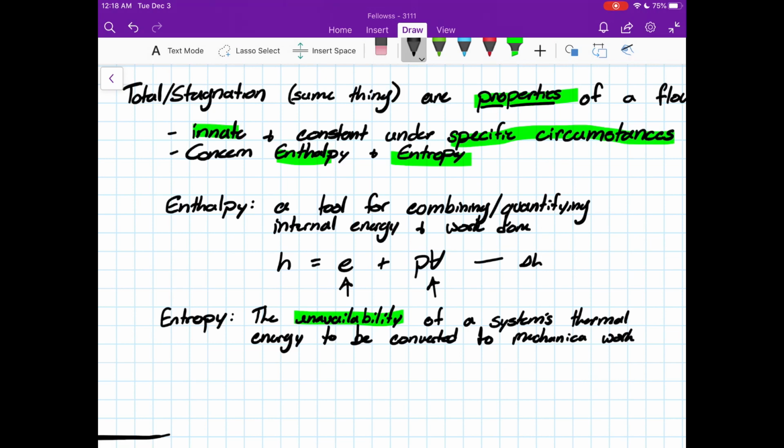You may have heard of the big freeze, the increase in entropy of the universe as we spread out and cool down, and there's less stuff we can do with that energy just because it's in a less useful form, right?